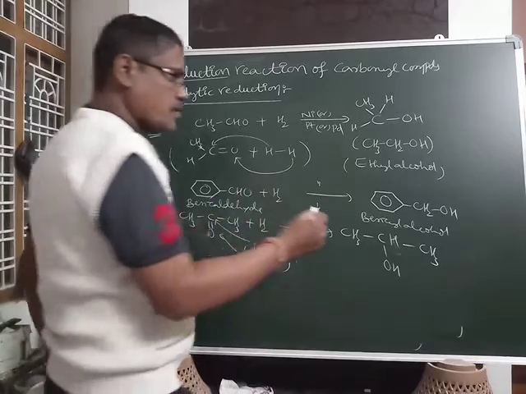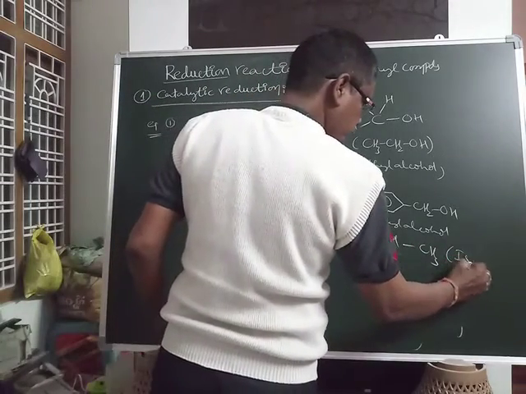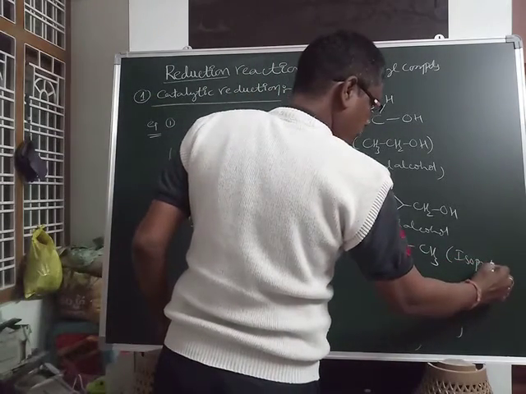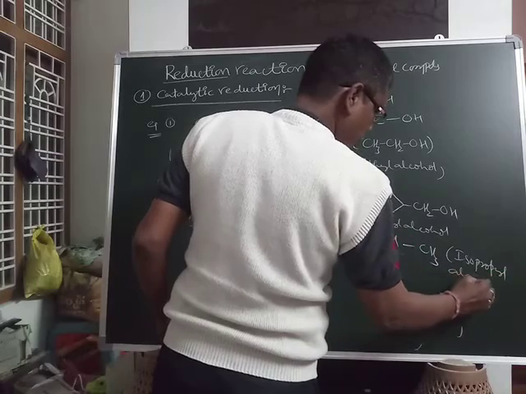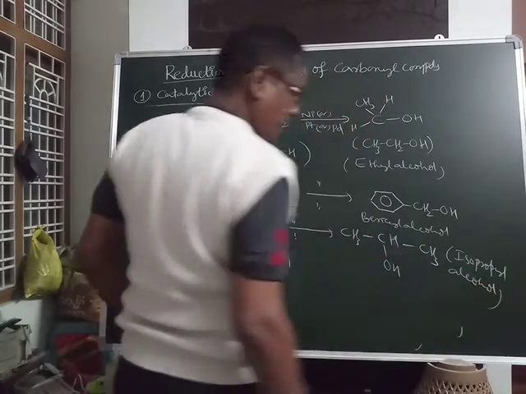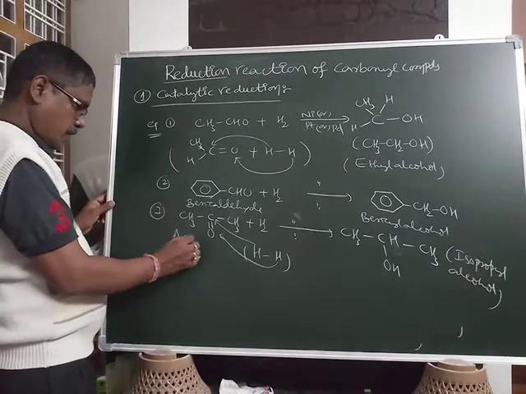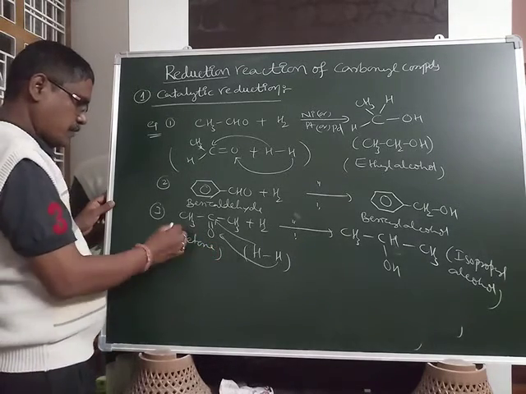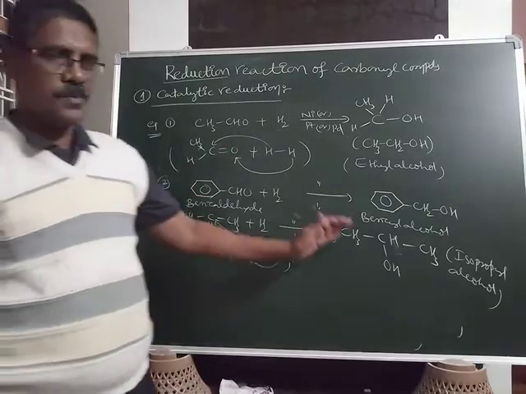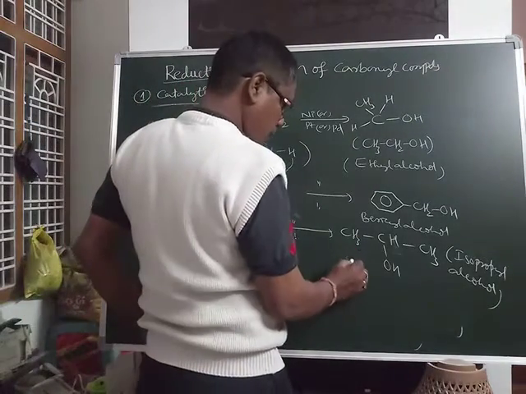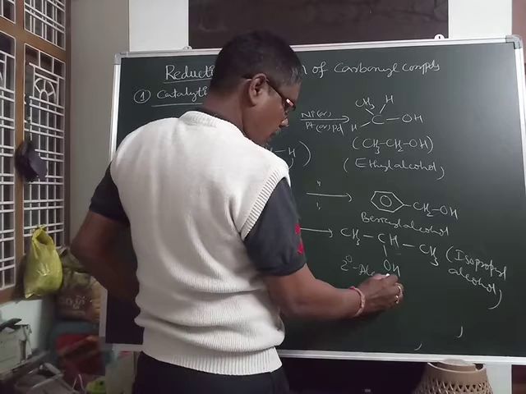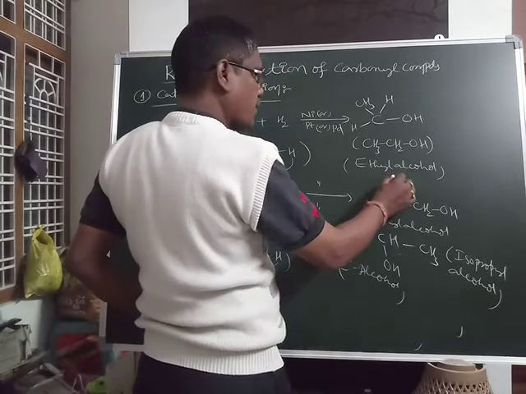It is called isopropyl alcohol. This is the acetone. Acetone converts into isopropyl alcohol. This is the secondary alcohol. This is the primary alcohol.